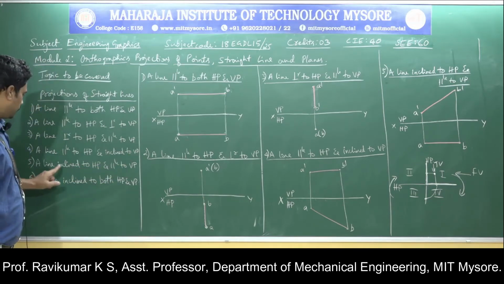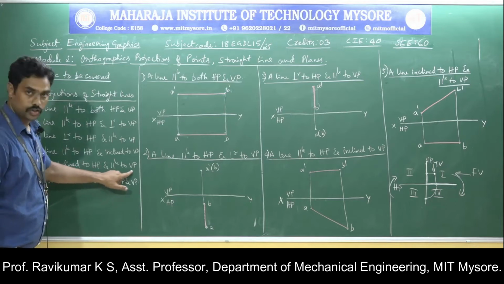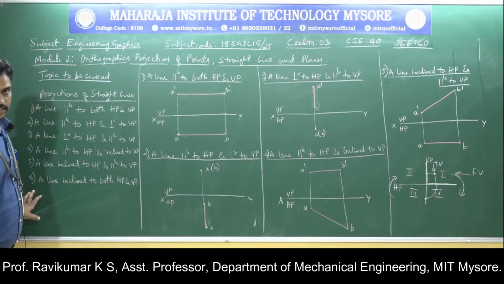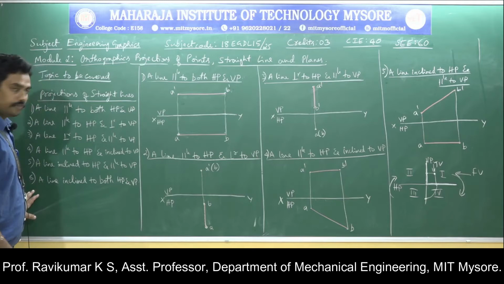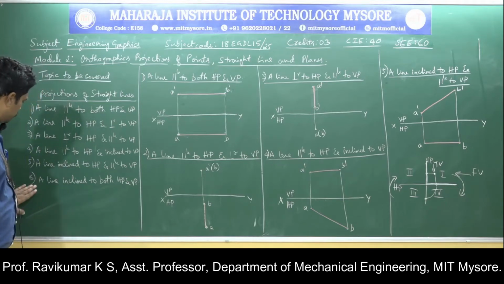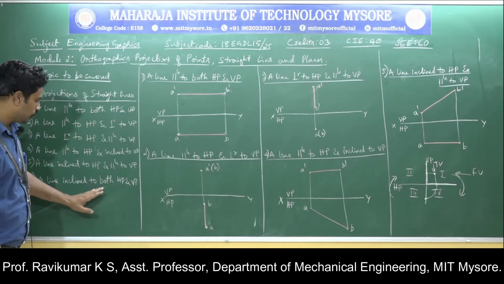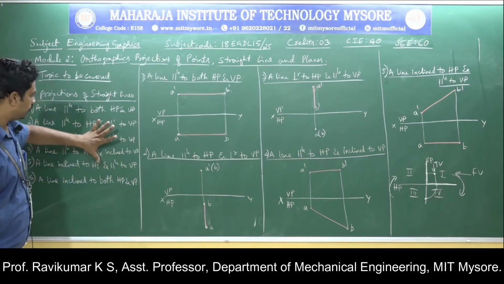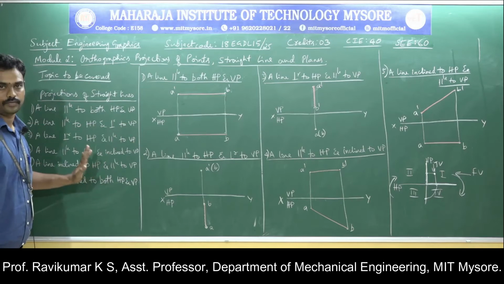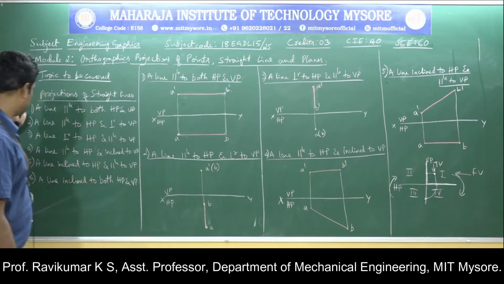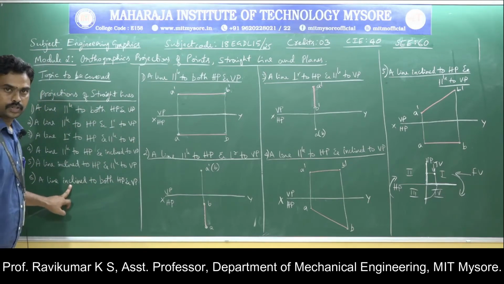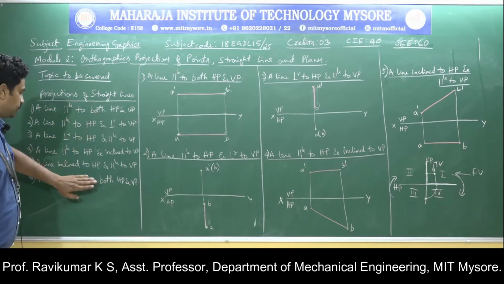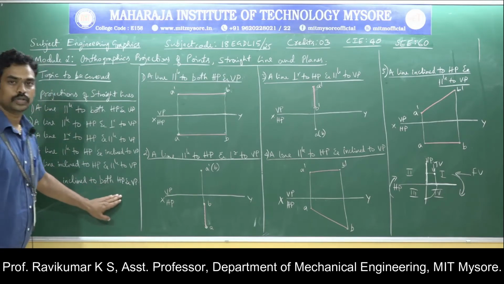Then fifth, a line inclined to HP and parallel to VP. Then the last case, which is most important, on which you are going to solve the problem, is the sixth one, a line inclined to both HP and VP. To discuss this one, you need the information of these 5 cases. So this is the basics, as you will be dealing with problems on a line inclined to both planes.